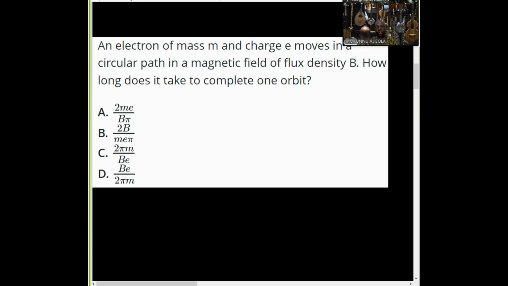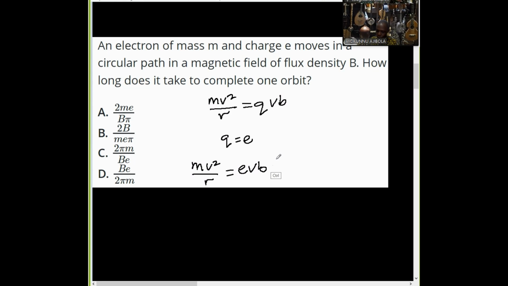Okay. The motion of charged particles in a magnetic field is given by the formula m v squared over r equal to q v B. Where q is the charge, so instead of q you put e, which is the charge there.